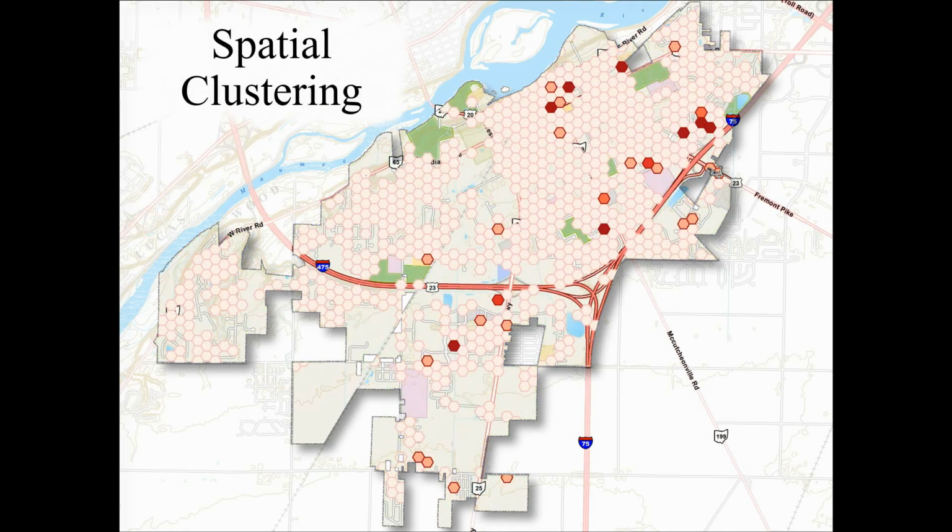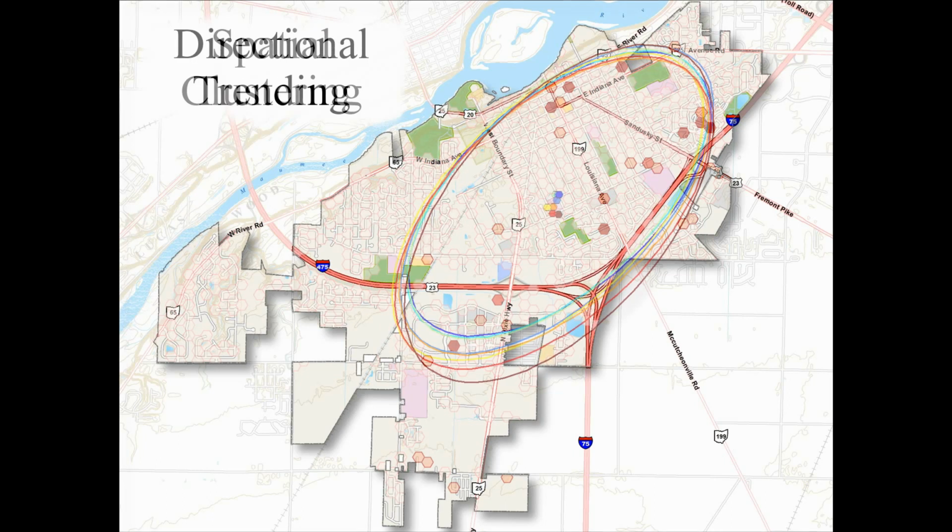We can use spatial clustering and spatial statistics to understand if there is actually any sort of statistically significant pattern to the data, and we can aggregate it to hexagonal bins or hexagonal grids because they're a better method than squares.